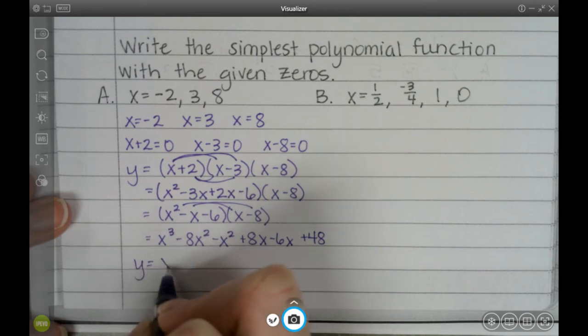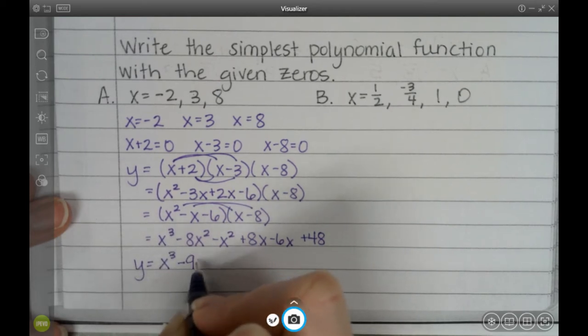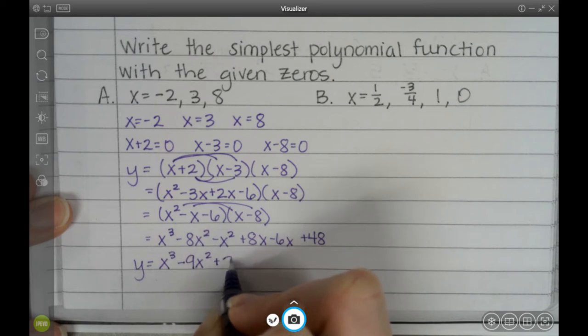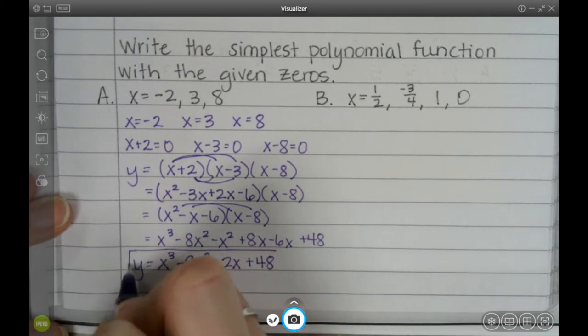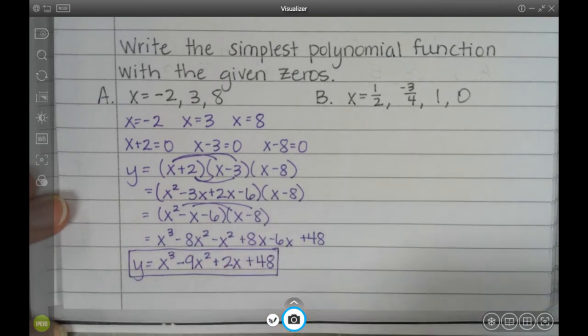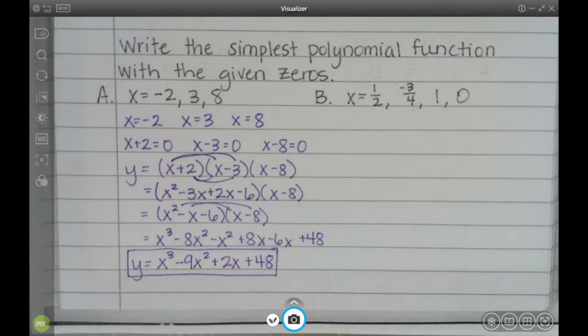You're going to end up with y equals x cubed minus 9x squared plus 2x plus 48. Do you remember doing something similar to that with quadratics? Fairly?